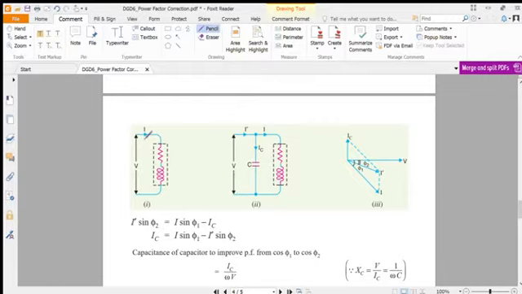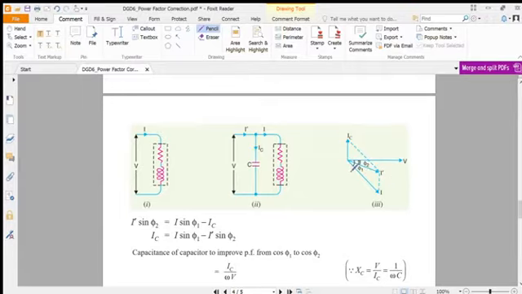So the current through the load is defined as I. If the capacitor is connected in parallel, let the current here be IC and the total current be I prime. Now let's see how to draw the phasor diagram.